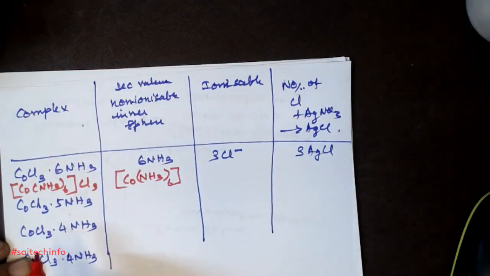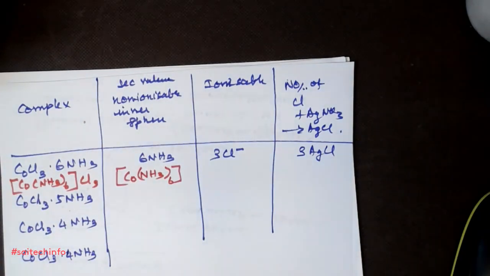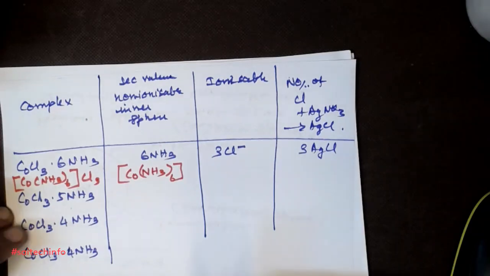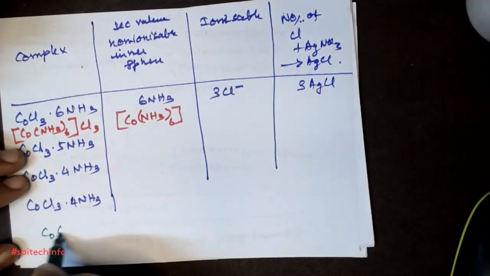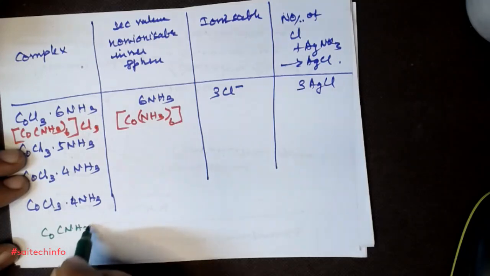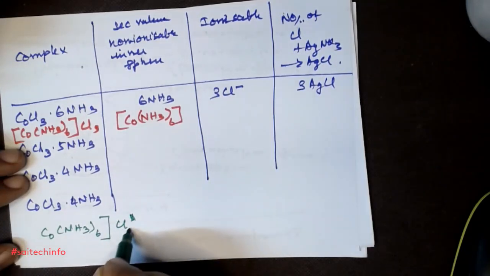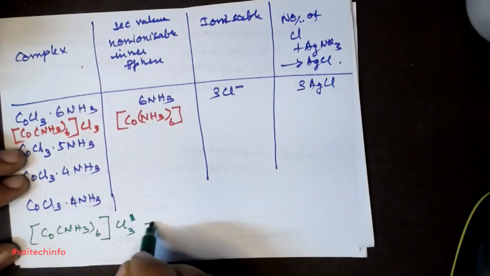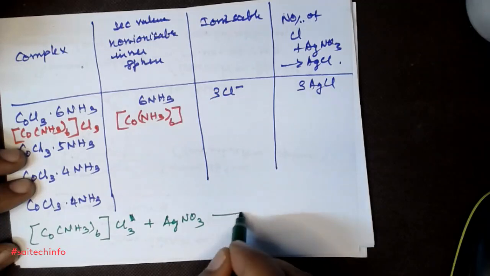Are you able to understand this? Let me explain it in this way. For instance, let us have Co(NH3)6Cl3. It reacts with AgNO3, silver nitrate.